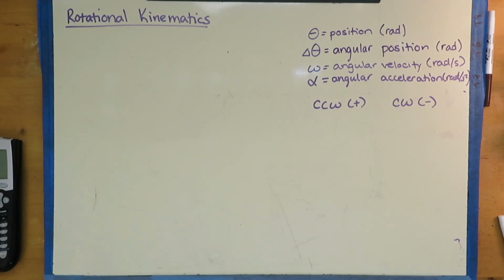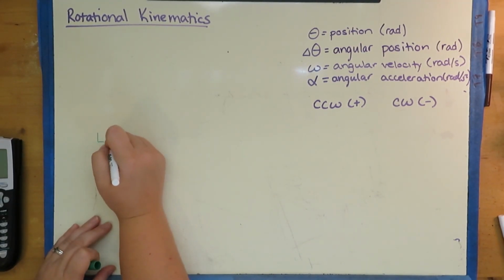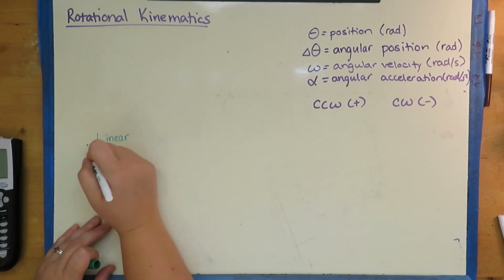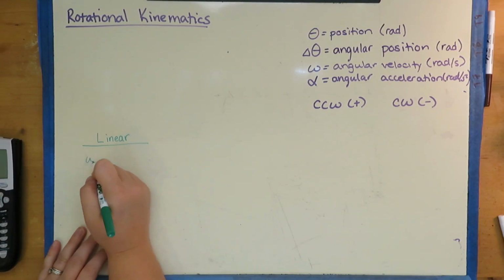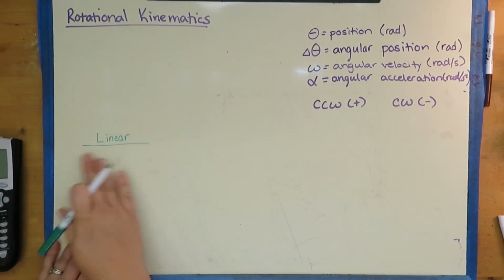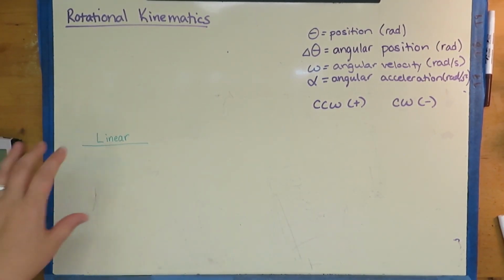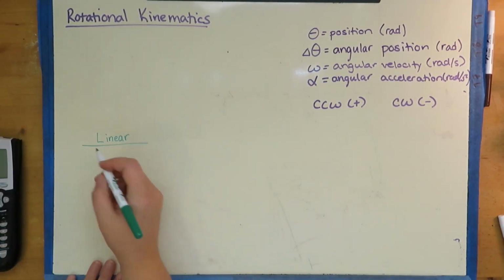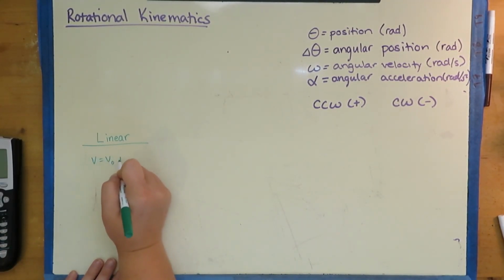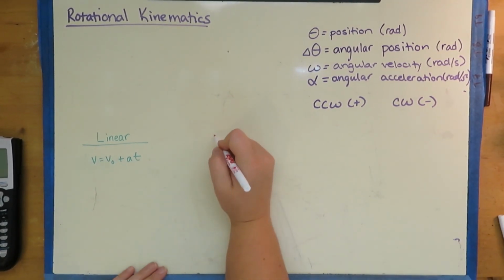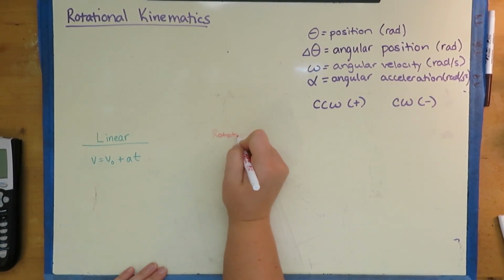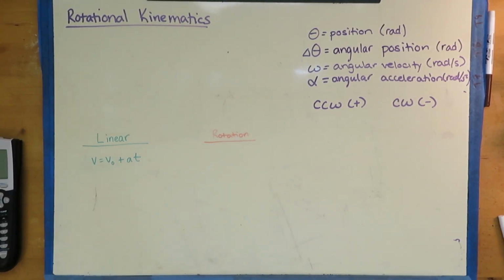This is actually really awesome because we don't have to learn much new. In the linear terms, we have v equals v0 plus a times t as the first equation on the formula sheet. And in terms of rotation, we have similar equations.